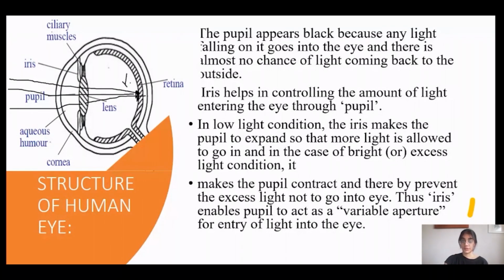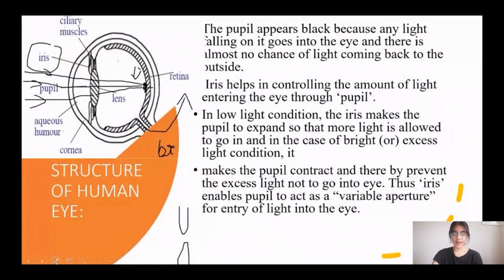It is a real image, it is inverted, and then the optic nerve carries this message to the brain, and the brain tells you to see the image in front of you in the right position. So any light which is entering this pupil has almost no chance of coming out. The amount of light that can go inside is controlled by the iris. Iris is a muscular diaphragm.